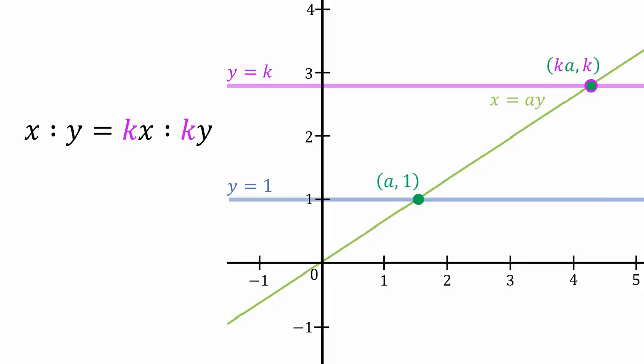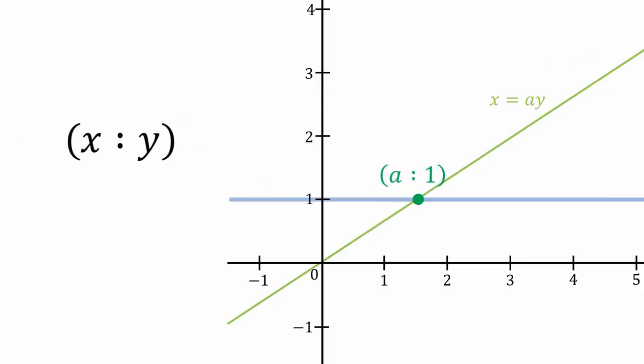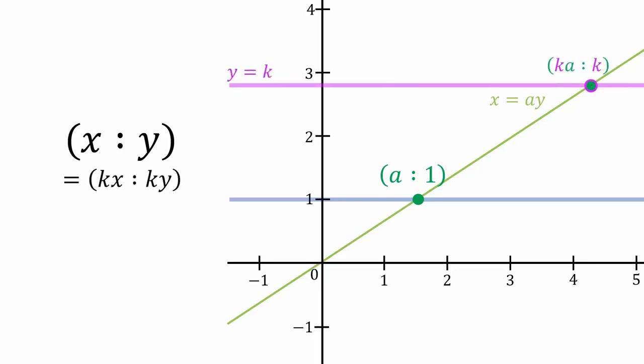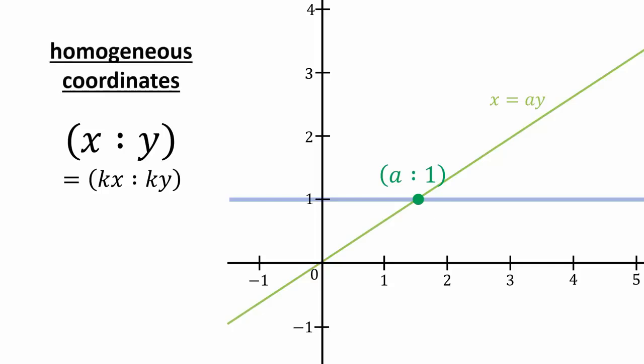For this reason, we'll use the notation x:y to refer to points on the line, with the understanding that for any non-zero value of k, the points x:y and kx:ky really represent the same point, because they're connected to the same line through the origin.